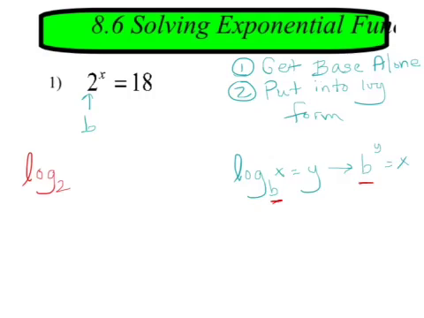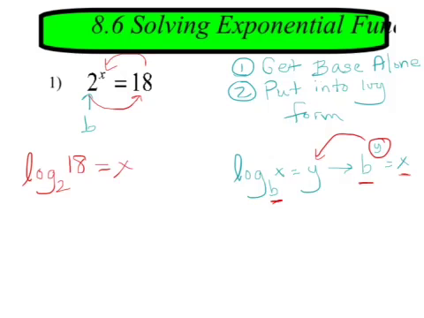Log base 2, and then of x. Well, x is over on the other side. So we'll start with the b, log base 2 of 18, and then we should always circle around that equal sign. Equals x, which should always be set equal to the exponent. Whatever the exponent is, that's what my log is set equal to.